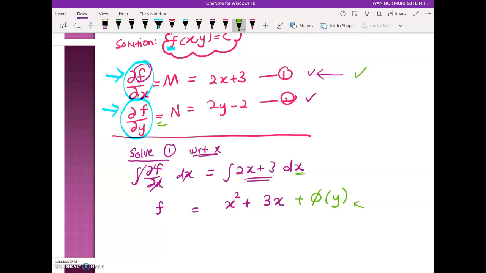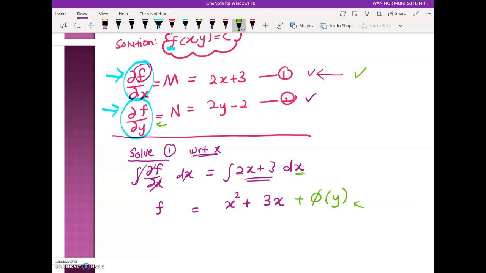If you choose to solve for equation 2, you must integrate with respect to y, and after you integrate, don't forget to add an unknown arbitrary function, phi as a function of x instead of phi of y.